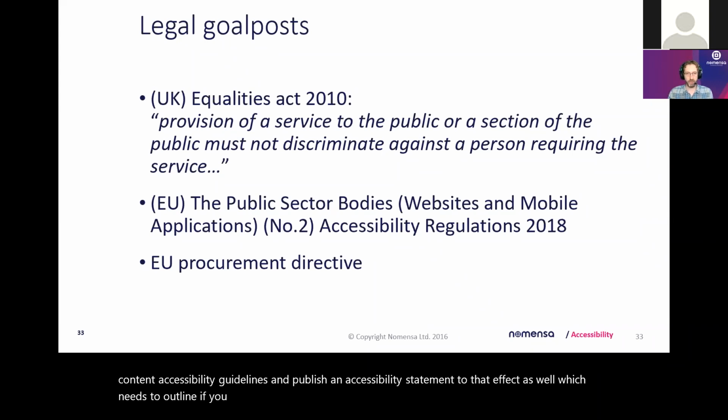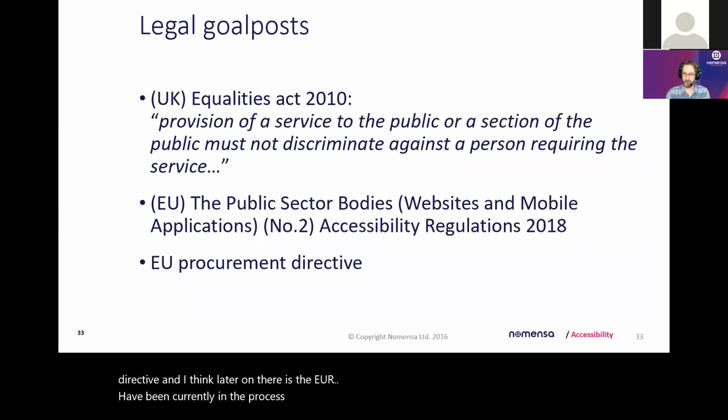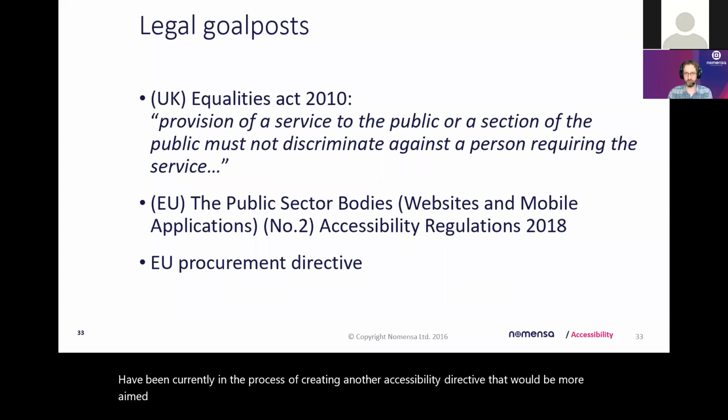There is also an EU procurement directive, and I think the EU are currently in the process of creating another accessibility directive that would be more aimed at commercial organizations.